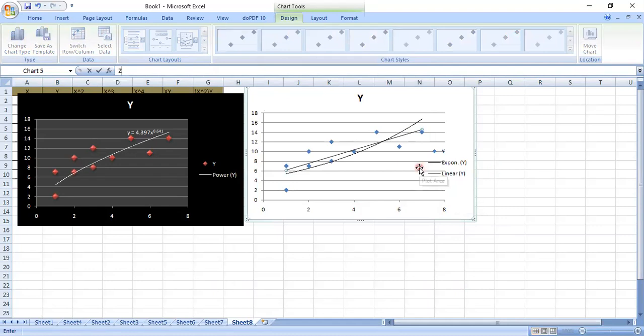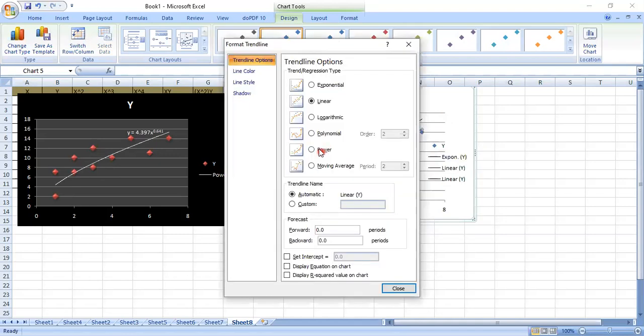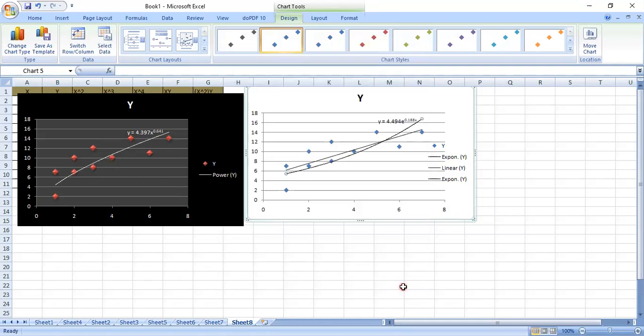Sorry, I wanted to show the equation with respect to the exponential curve. Okay, so if I fit the linear curve, then the exponential curve, I have got the exponential equation and we have the power equation. What we can do here is that we can estimate the value of y.